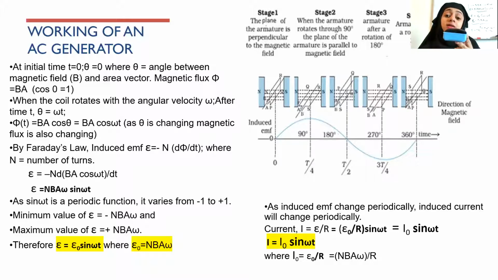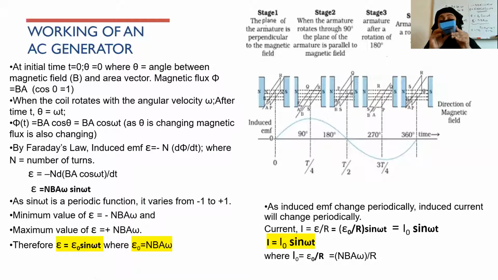What is sine 90? 1. So what will be the EMF? EMF will be equal to E naught, that is NBA omega, or the maximum value. Here you can see in the graph, it goes to the maximum value once it rotates through 90 degree.